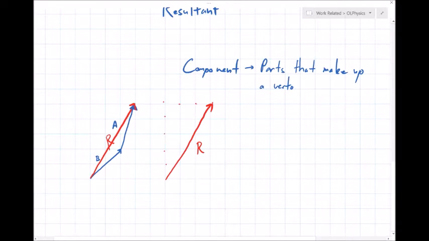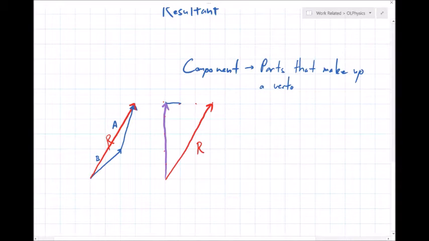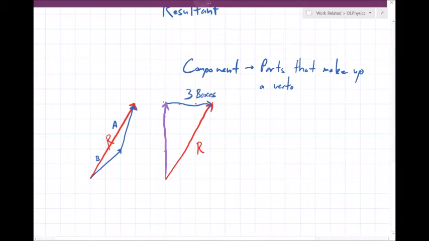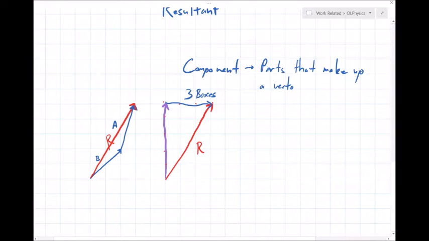Using purple, I'll draw our vertical one. And then using blue, I will draw our horizontal one. So this has a value of 3 boxes, and our purple one has a value of 5 boxes.